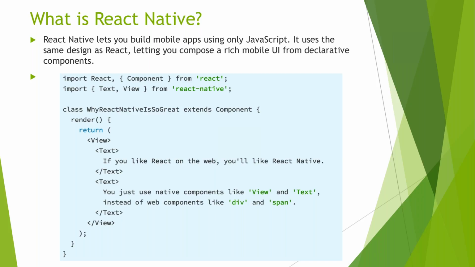So you are writing code in a middle language, and that syntax is interpreted by your React Native compiler, which understands that my platform is iOS, so View means this in iOS, and it creates the iOS native view. Is that clear?